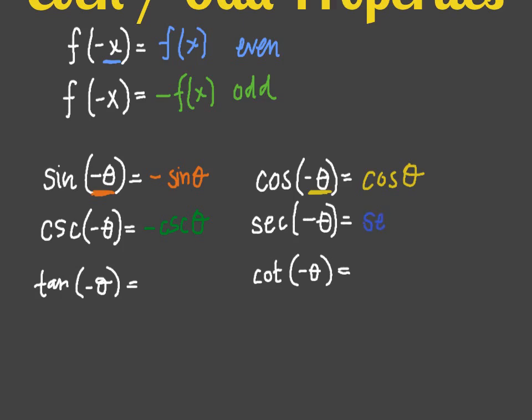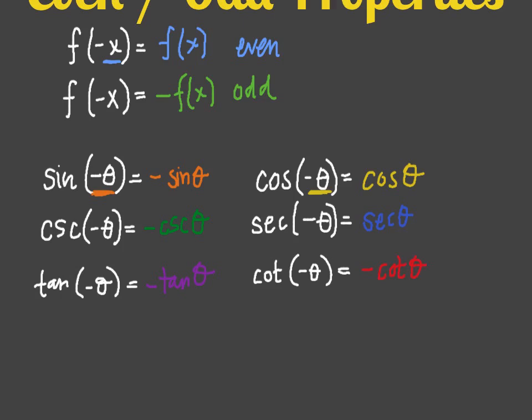So if you plug in a negative angle, for example, negative 45, you'll get back secant of 45. So it's the same value. Okay, tangent is negative tangent. So when you plug in negative theta, you get out the negative version of what it would have been with the original theta. And cotangent is also negative.